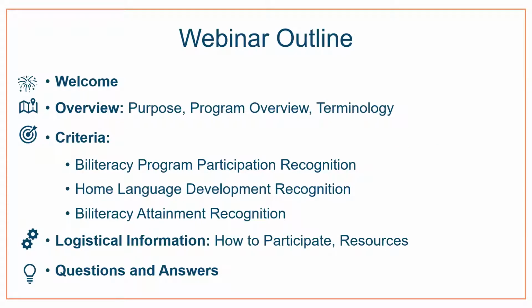To begin the webinar, we will be welcomed by CDE leadership. After that, I will provide an overview of the program focusing on its purpose, structure, and terminology. Then I will review the criteria for the 3 biliteracy pathway recognitions: the biliteracy program participation recognition, the home language development recognition, and the biliteracy attainment recognition.